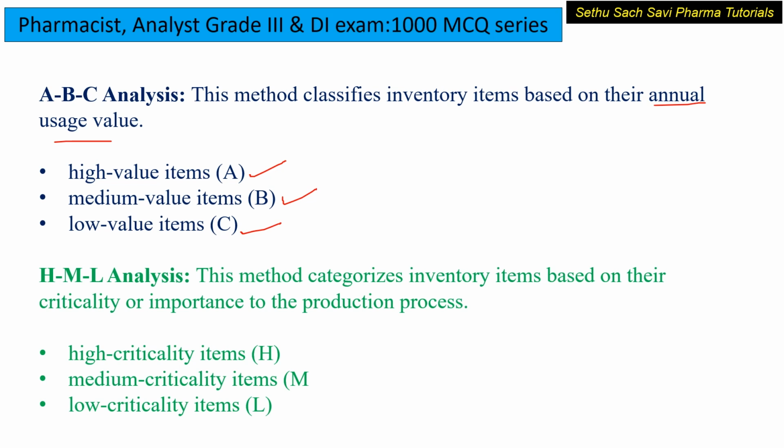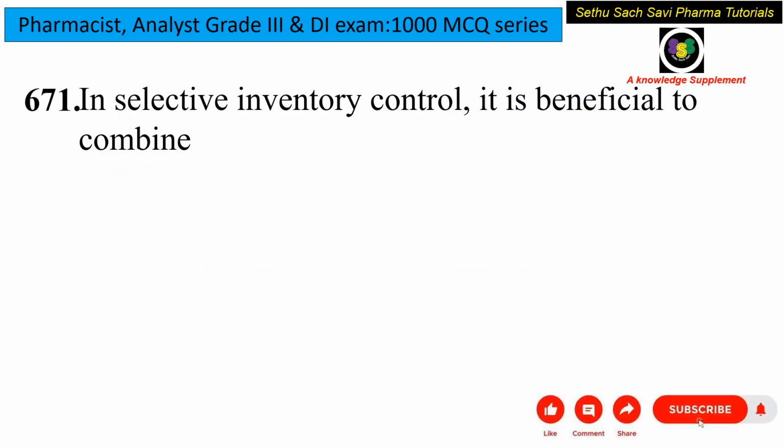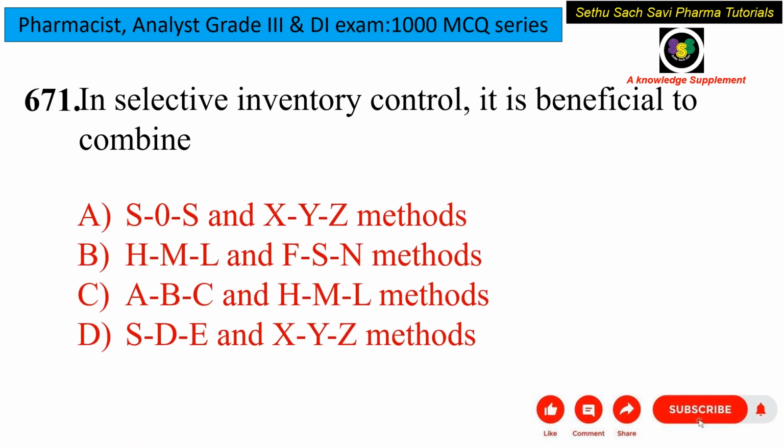Now coming to HML analysis, here we are categorizing based upon the criticality or importance to the production process: H means high criticality items, M means medium criticality items, and L means low criticality items. So if we combine ABC analysis along with HML analysis, we can get better control. So the answer for this question will be ABC and HML methods of analysis.